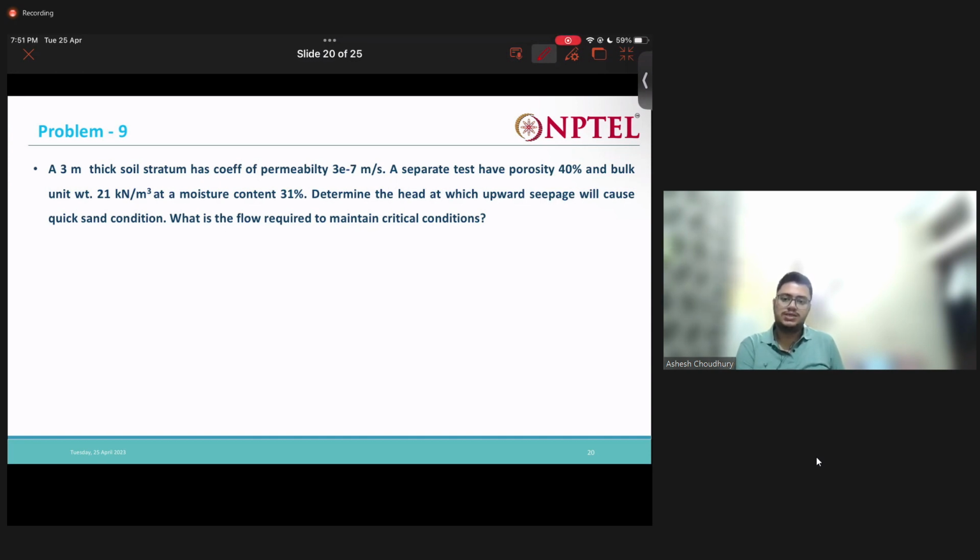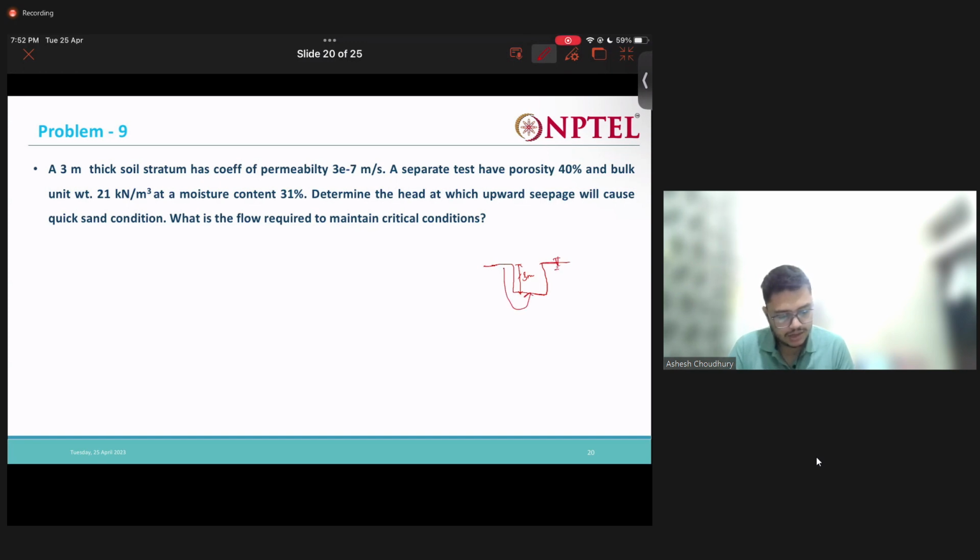Determine the head at which upward seepage will cause quicksand condition. Okay, say you have a 3 meter thick stratum, and there is some excavation, and the water table is also here.